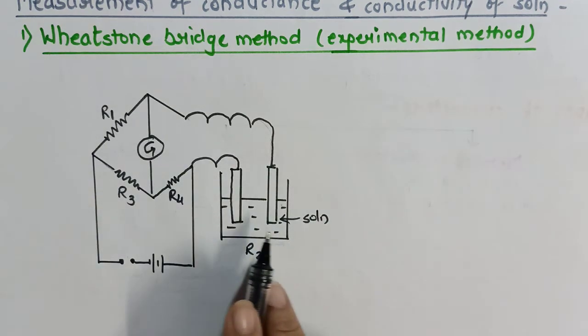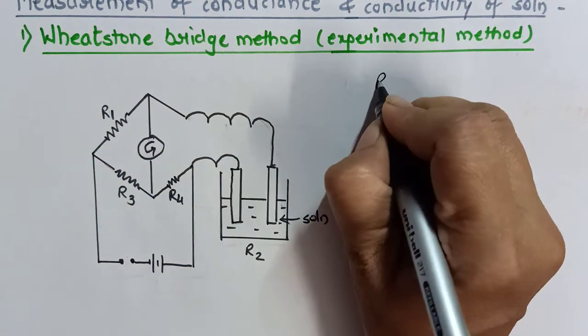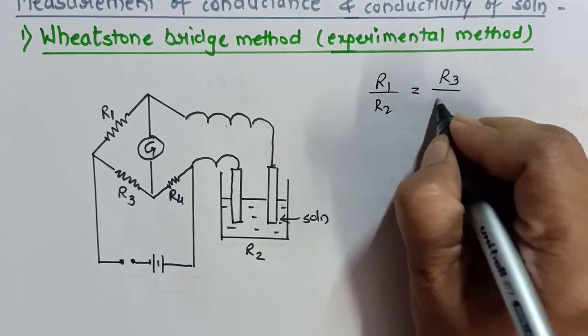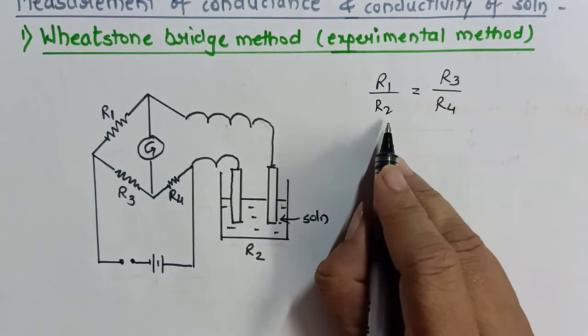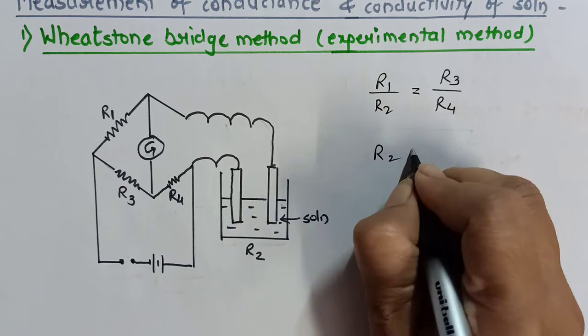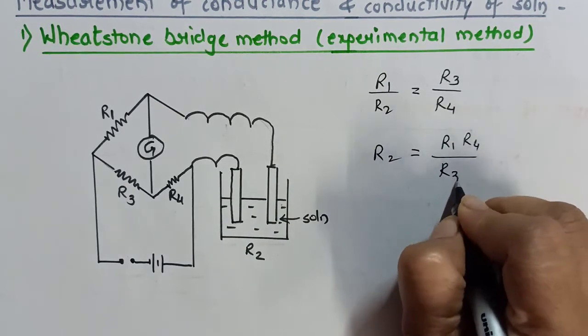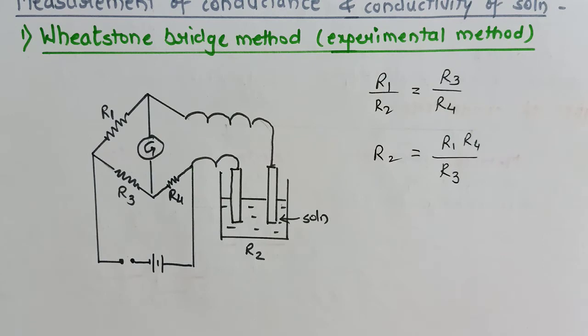It is an electrolytic solution and 2 metal electrodes are dipped in it. We know that R1 upon R2 equals R3 upon R4. We need to calculate R2. So R2 equals R1 R4 upon R3. So by using the Wheatstone bridge method, we can calculate the resistance of any electrolytic solution.